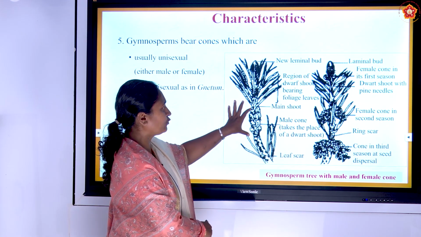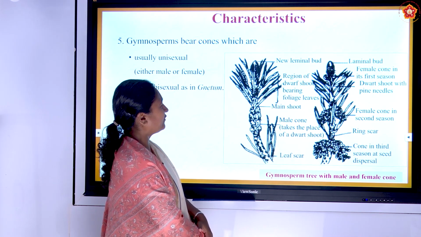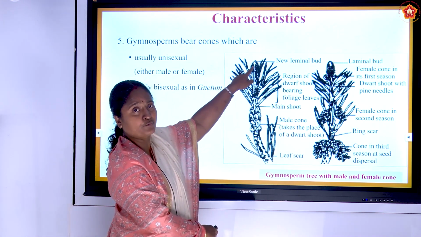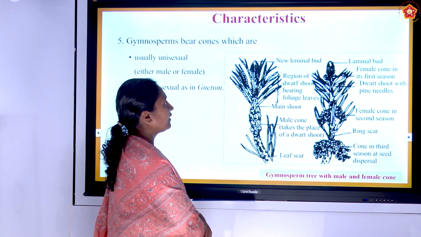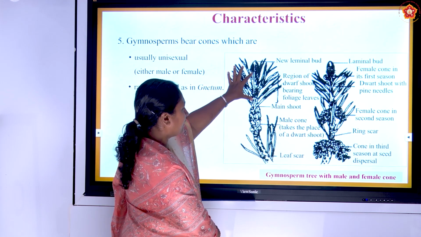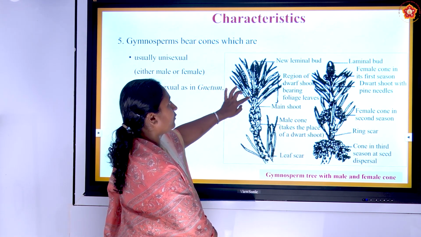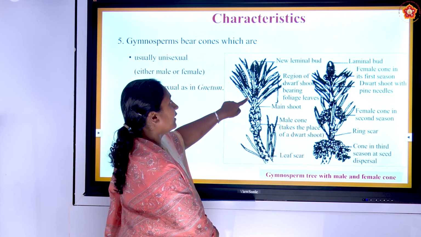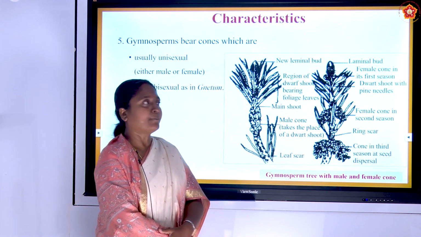In between the shoot we can see the male cone forming, and it has a terminal bud on the top through which it will now grow to the tallest region, right? When we look below the bud region, there are some leaves coming out, and this region is known as the dwarf shoot, which is just above the cone of the plant.